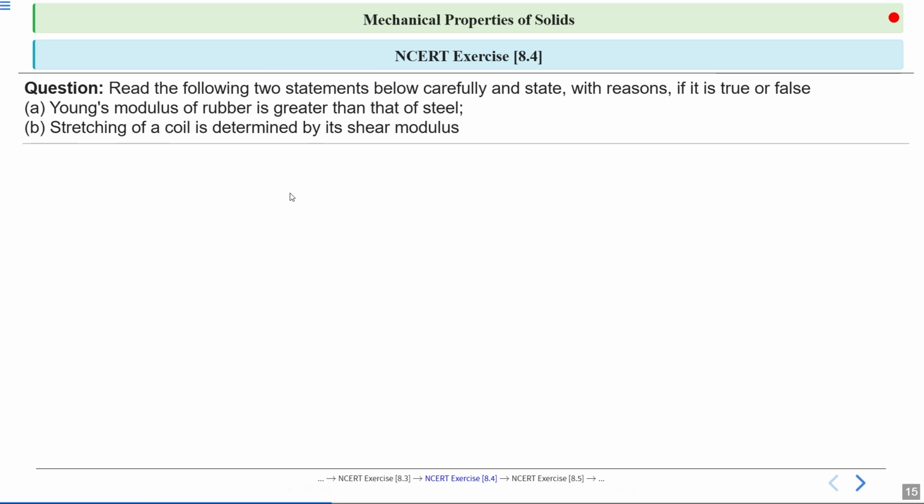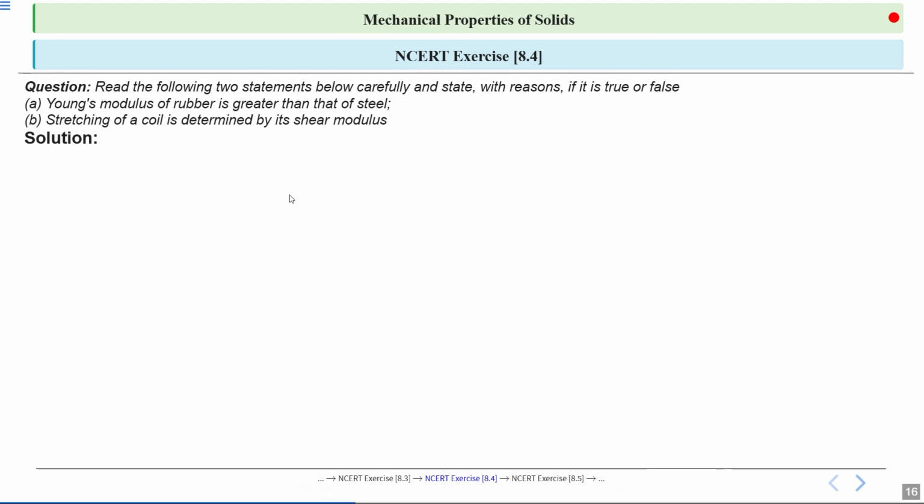Read the following two statements below carefully and state with reasons if it is true or false. A. Young's modulus of rubber is greater than that of steel. B. Stretching of a coil is determined by its shear modulus.